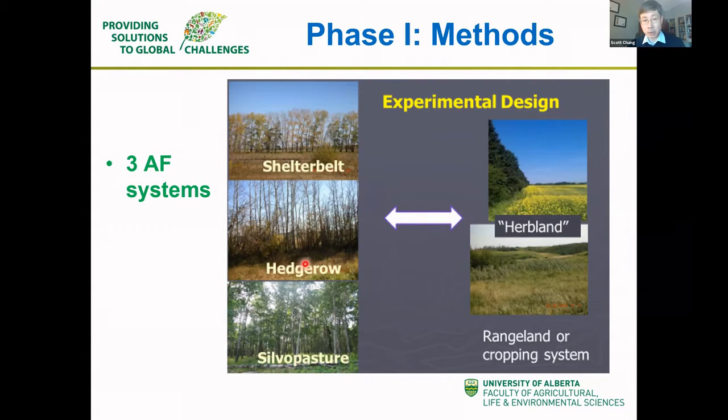For shelterbelt and hedgerow, we were comparing to annual cropping system. For the silvopasture system, we were comparing to adjacent grazed pasture without trees. The annual crop system and the grazed pasture we call herbland, just for simplicity, when we compare the treed area versus the herbland.